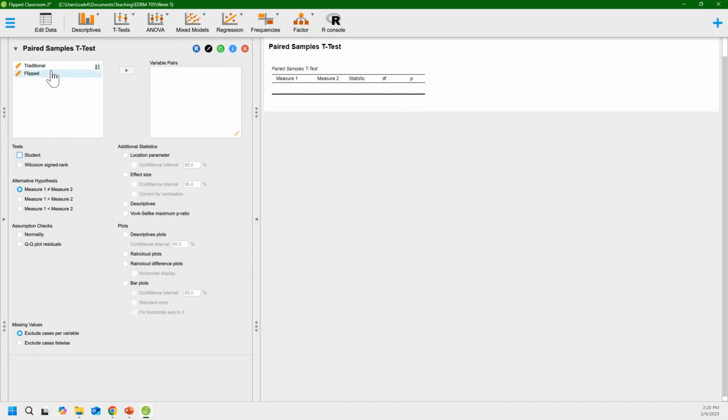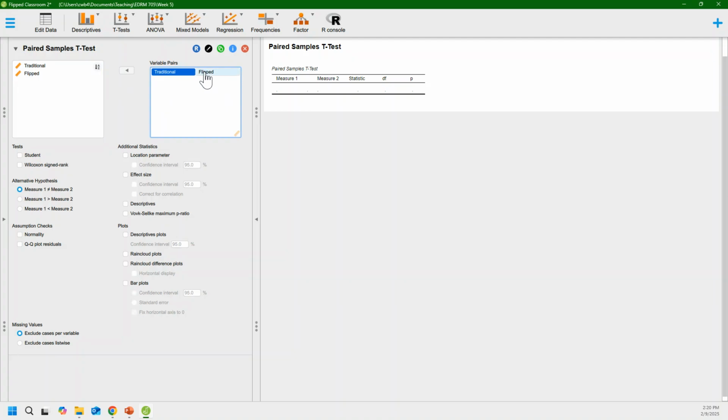But what I want to do is enter the groups into the box that says variable pairs, right? So I'm going to enter traditional. And notice I can also enter another group here. So my traditional is here, and the pair of data that aligns with that is in the flipped column. So I put those in that manner there.